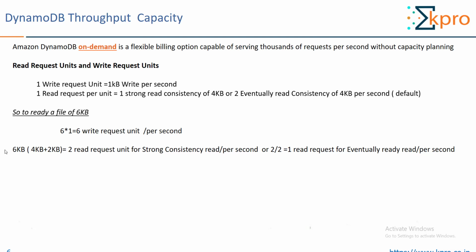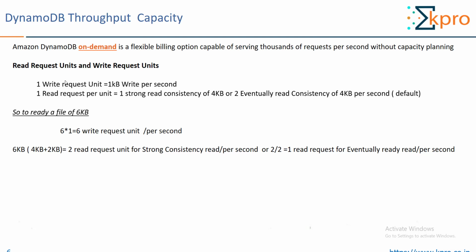If I have to write a 6 kilobyte record, I have to pay $6. But if I have to read the 6 kilobyte record, I have to pay $2 for strong read consistency, and if I am using eventual read, then I have to pay $1. Reading is much cheaper than writing.